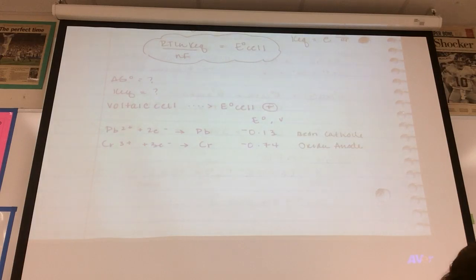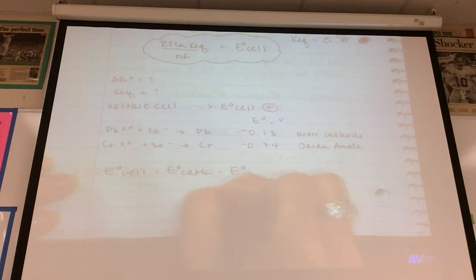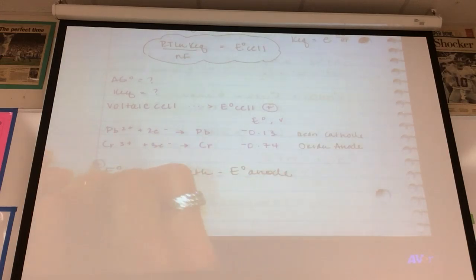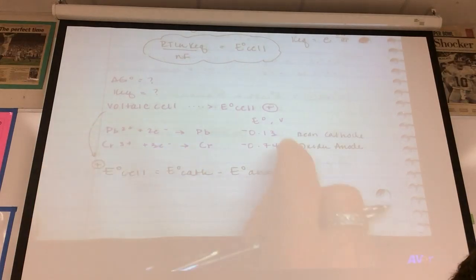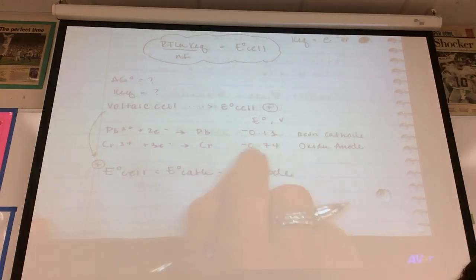Because that's the key. Your Ecell, you know, is the cathode minus the anode. And you know for a voltaic cell, this must be positive. The only way to get a positive is to do this minus this, because they're both negative.